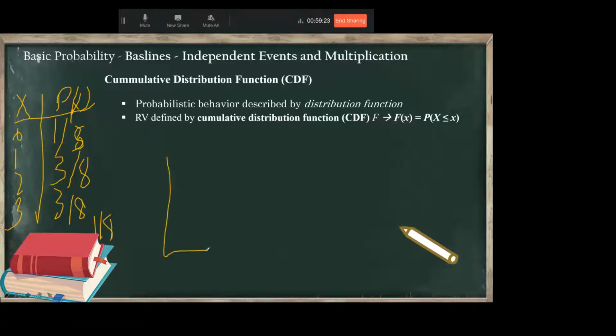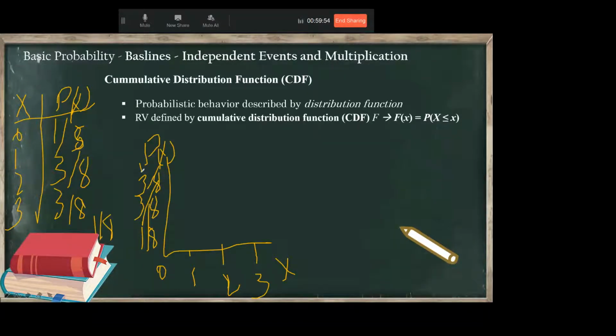So in the normal way, when we draw the probability distribution, we can have 0, 1, 2, 3. So this is our x, number of heads. And here we have the probability function of x, or probability of x, or you can say y. So it will be 1 by 8, 3 by 8, 3 by 8, and 1 by 8.